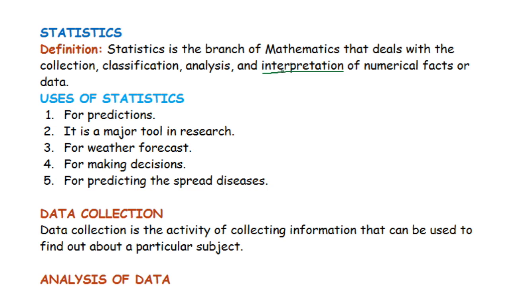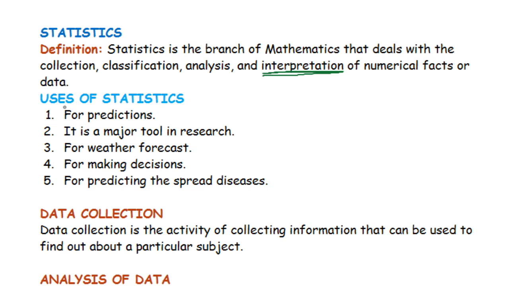So the first step in that project is the collection of data, that's the collection of the weights and the ages, and the last stage is the interpretation of the data. So presenting the data on a bar chart is what we call interpretation of data.